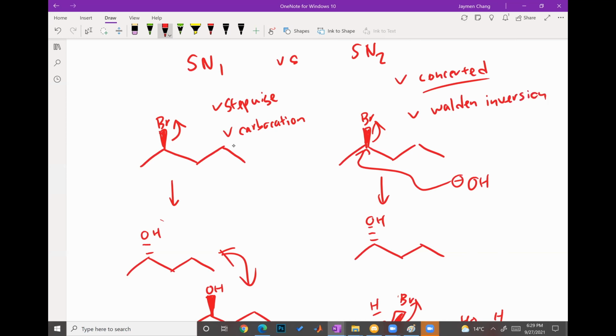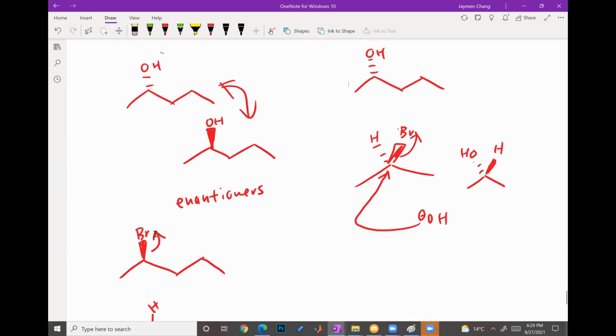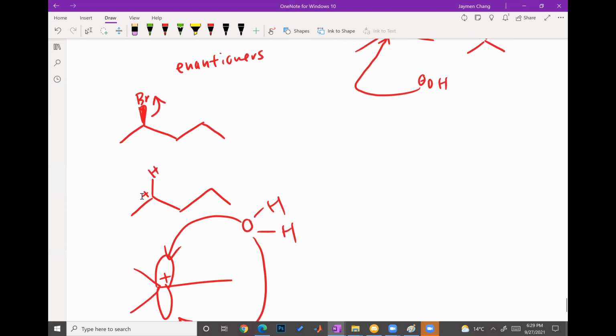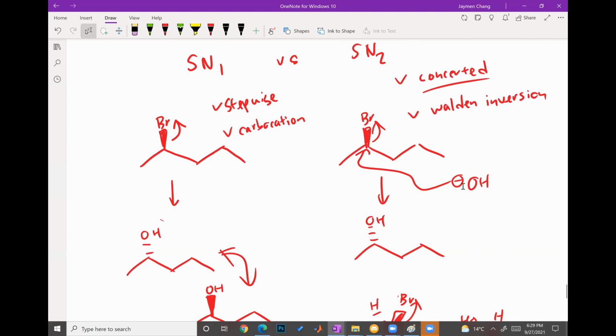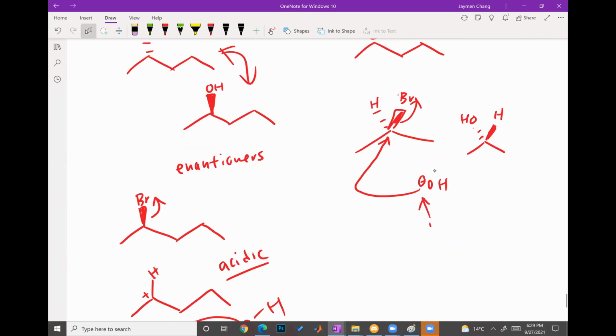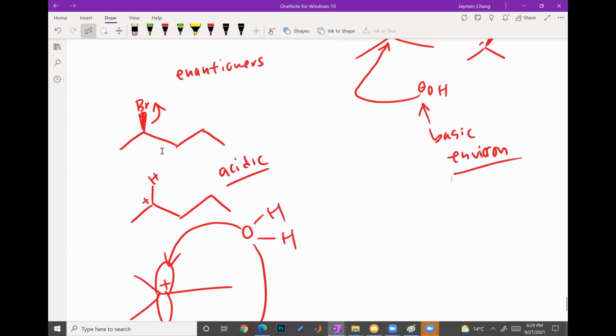Well, it's just the change of the stereochemistry like we see here. And the key thing you want to see about SN1, because notice how we have this positive charge: generally, when we see positive charge, this is going to be an acidic environment. And generally, when we see a negative charge, this is a basic environment. Okay, that's the key distinction we have there.